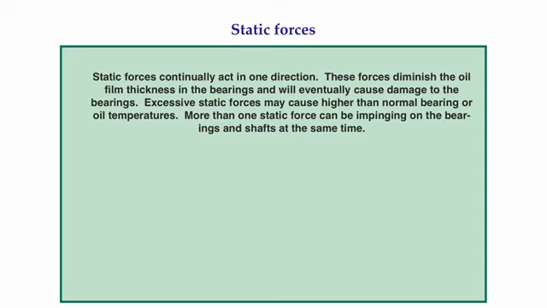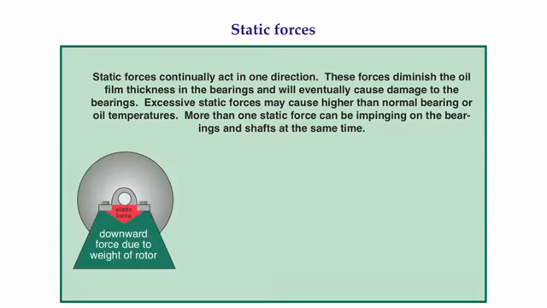These forces will diminish the oil film thickness in the bearings, increasing the possibility of foreign object damage as undesirable objects pass between the shaft and the bearing, or between the rolling elements and the raceways. With diminished oil film thickness comes increases in friction, resulting in oil and bearing temperature increases.